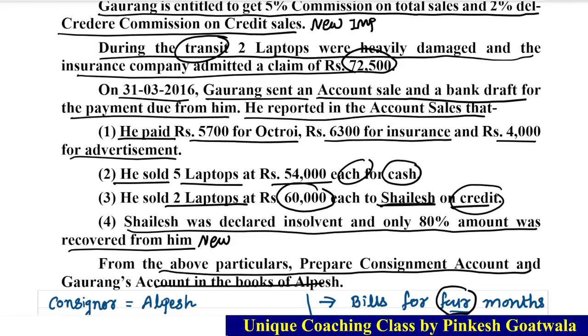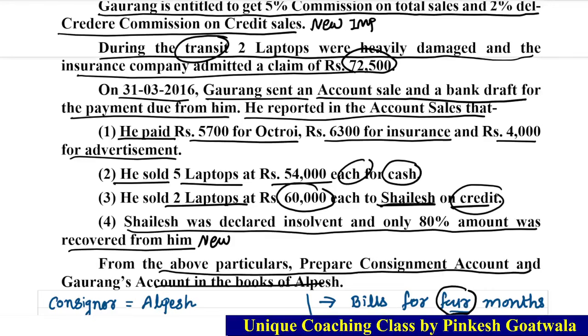Okay, and remember one more point. Normally in our exam, in our syllabus, they ask in the books of consigner we have to prepare consignment and consignee account. Sometimes in a book you will get 3 or 4 sums where they ask to prepare consigner account in the books of consignee, that is, in the agent's books prepare the owner's account.